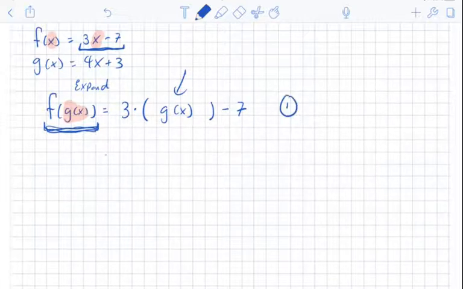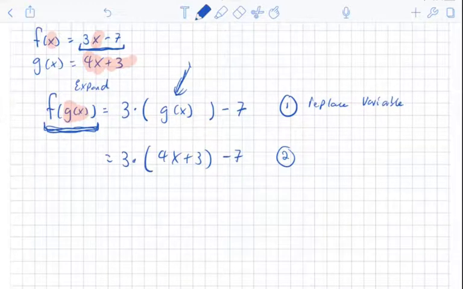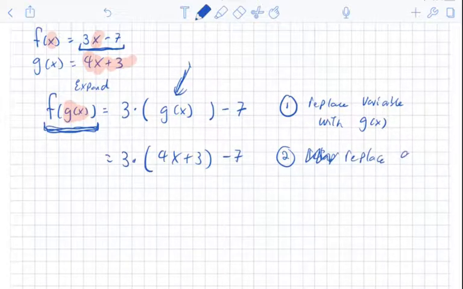Step 2 is I'm going to replace g of x with the actual expression itself: 4x plus 3, minus 7. So 1, replace the variable, whatever its name is, with the expression g of x. 2, replace g of x with the algebraic expression.